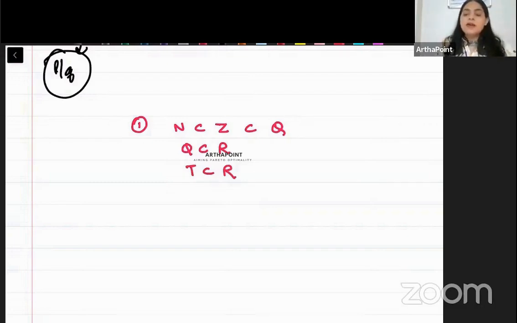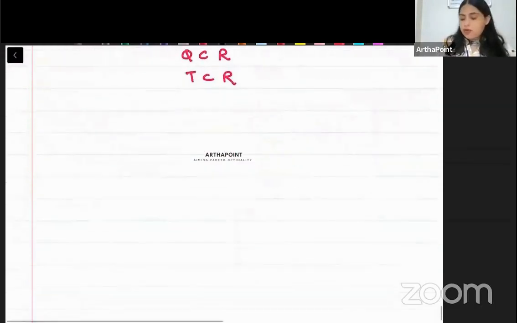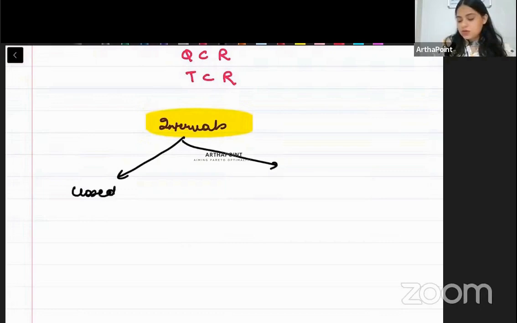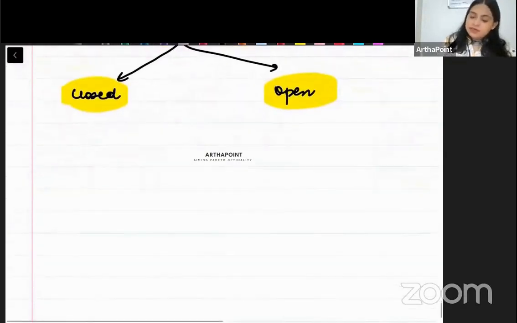Okay? Now, I want to talk about intervals. In intervals, we have two kinds of intervals, beta: closed and open. Take an example.